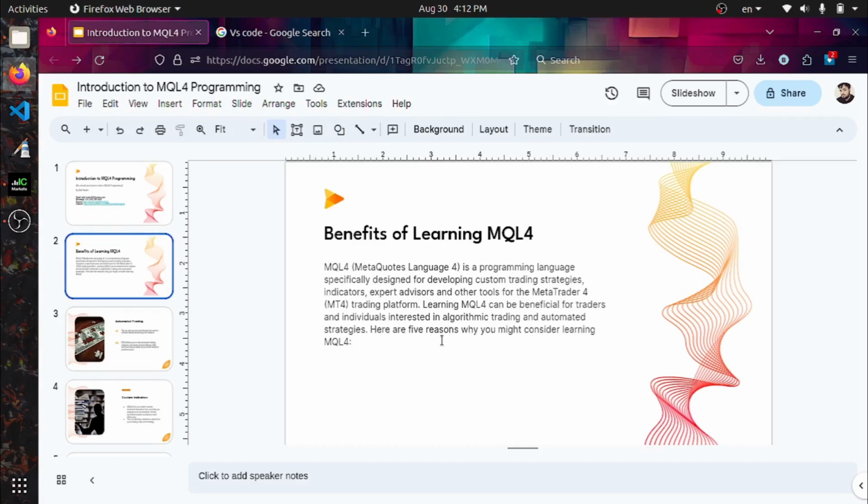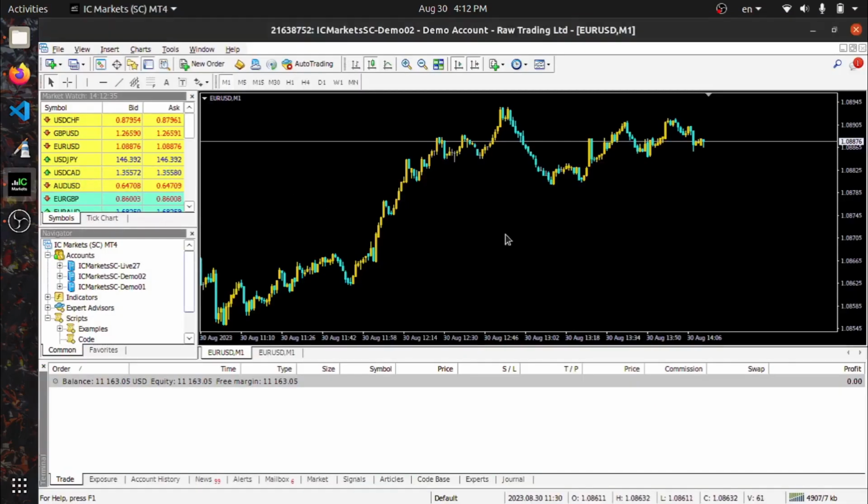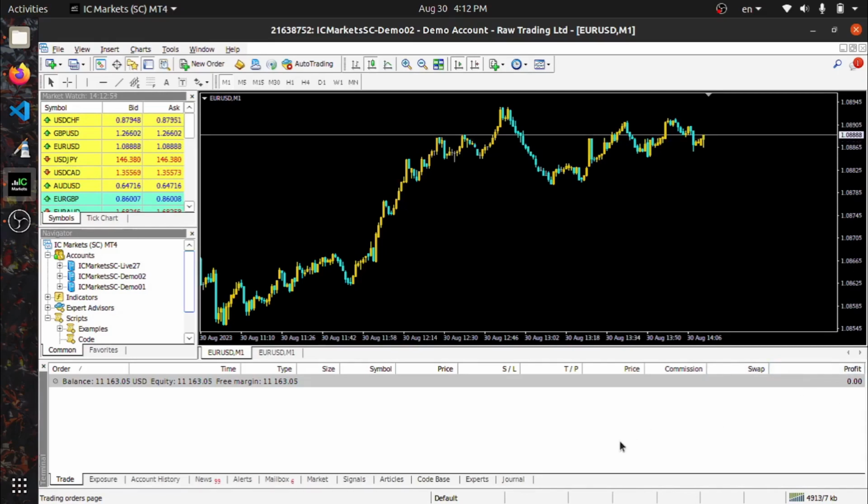Let's say you have plenty of trades open on your chart, say 50 trades, and you want to close them. If you don't know MQL4 coding, you will close one trade, then another, then another. You will need 50 clicks to close those 50 trades.